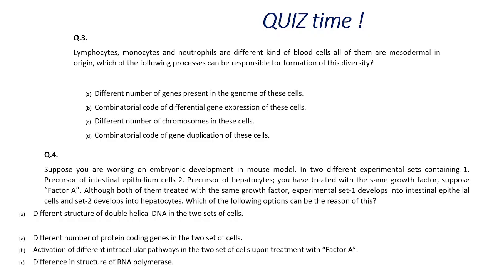Which of the following processes can be responsible for the formation of their diversity? Different number of genes present in the genome of these cells, combinatorial code of differential gene expression of these cells, different number of chromosomes in these cells, combinatorial code of gene duplication in these cells.